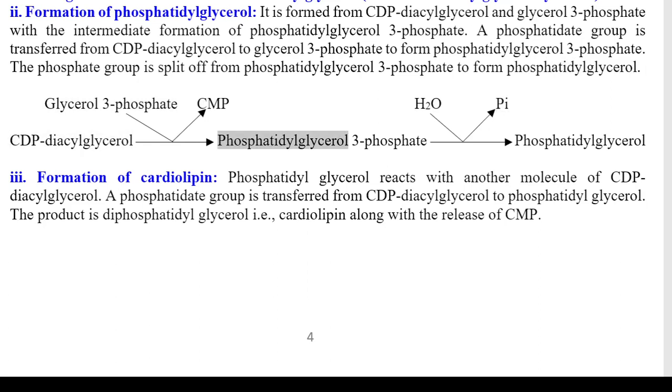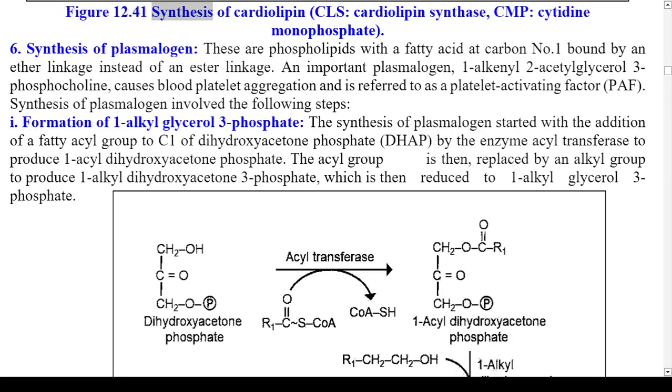CDP-diacylglycerol, phosphatidylglycerol 3-phosphate, phosphatidylglycerol. 3. Formation of cardiolipin. Phosphatidylglycerol reacts with another molecule of CDP-diacylglycerol. A phosphatidate group is transferred from CDP-diacylglycerol to phosphatidylglycerol. The product is diphosphatidylglycerol, i.e., cardiolipin, along with the release of CMP. Figure 12.41 Synthesis of cardiolipin. CLS, cardiolipin synthase; CMP, cytidine monophosphate.